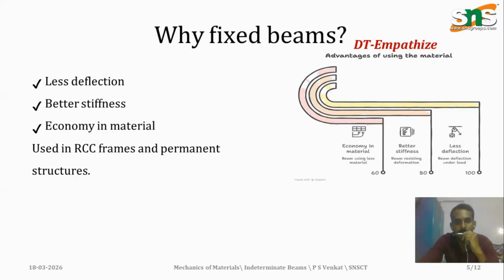It provides higher stability, which is suitable for heavy loads, and it is also used in real life structures such as RCC frame structures, building beams, and also permanent construction. So fixed beams are widely used in modern engineering and also used for heavy structures where high loading is intended.